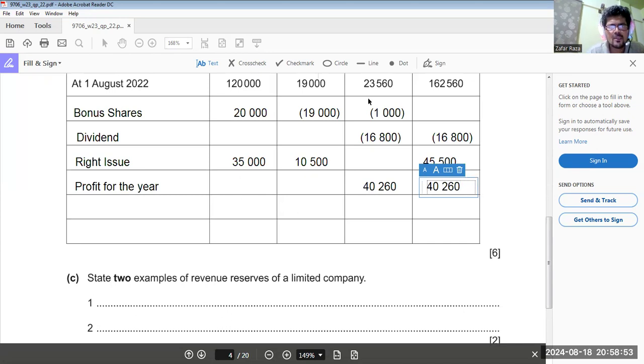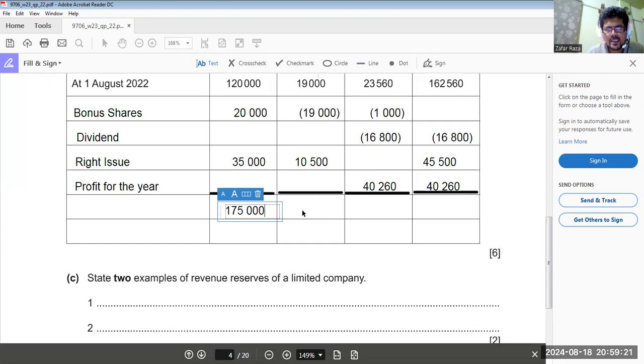Okay. Now what we have to do, we have to get the totals over here. 175,000. Here we have only 10,500 now.